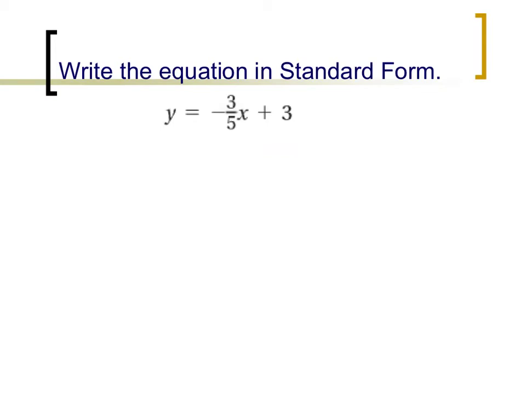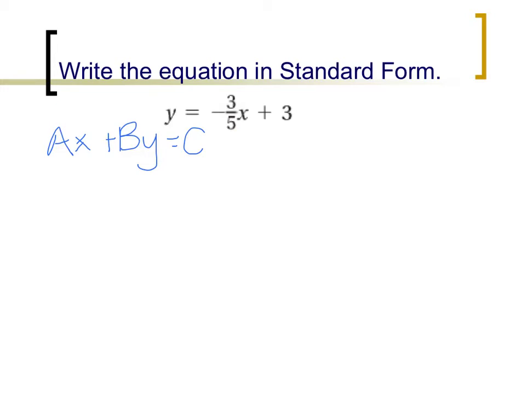Alright, writing this equation in standard form. Remember, my standard form is ax plus by equals c. Now, if you notice, I have a fraction as my slope. So what I want to do is I want to get rid of that. In order to get rid of that fraction, I want to use this denominator, 5. If I multiply the entire equation by this 5, the 5's will cancel and leave me fraction free.